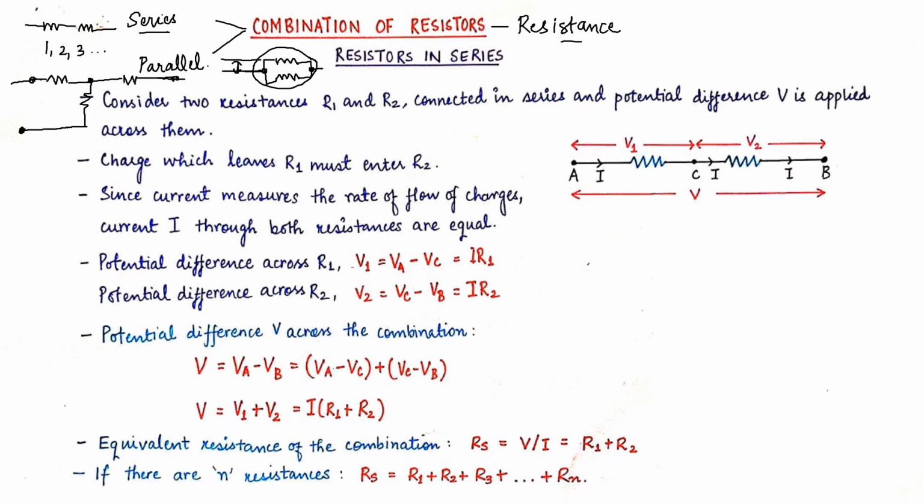So in this connection also, these two are parallel, and whatever combination we are getting out of these two will be in series with the third resistor. So in our class we will read the various combinations and how we are getting the effective resistance.